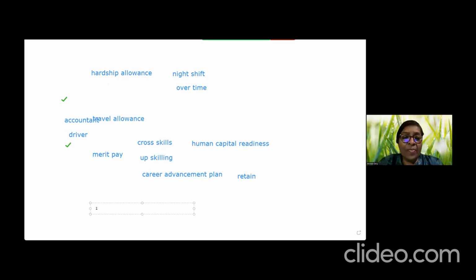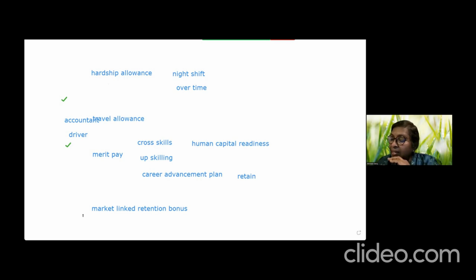So there's another variable pay which we talk about, which is market linked. Have you heard of this word called market linked retention bonus?